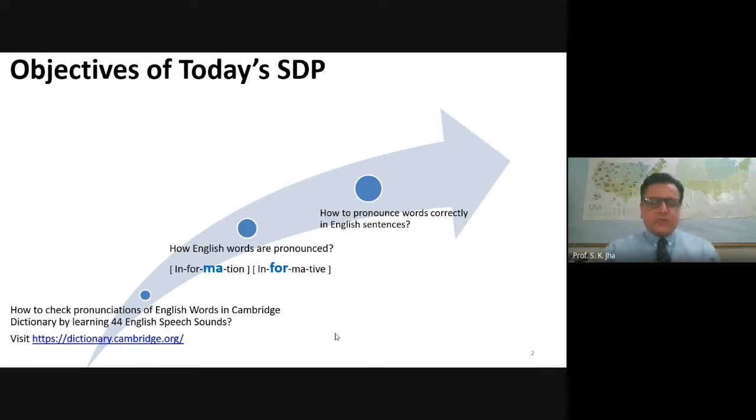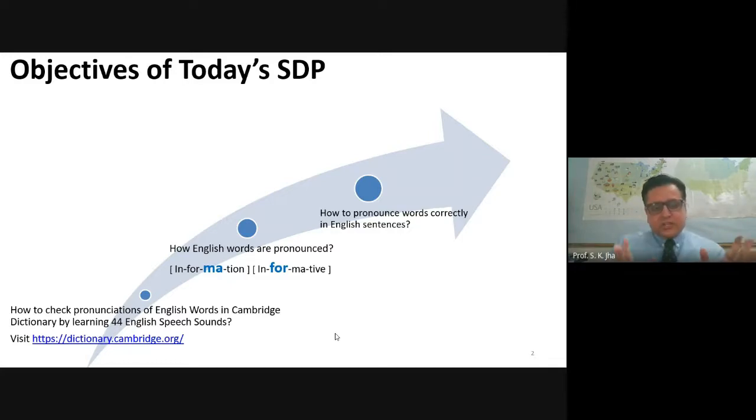Now, it's noteworthy here that in the first one, we give stress on the syllable may, information. But in the second word, we are giving stress not on may, rather on for, informative. We don't say informative like information.